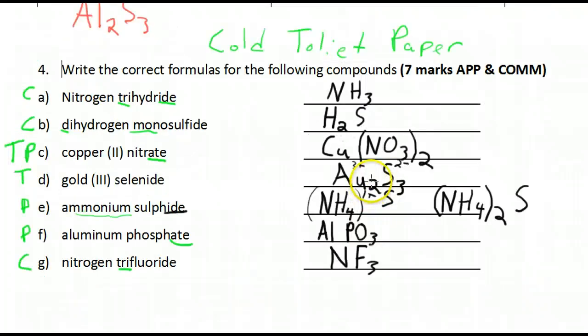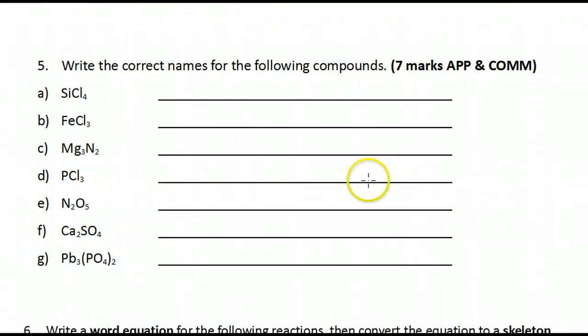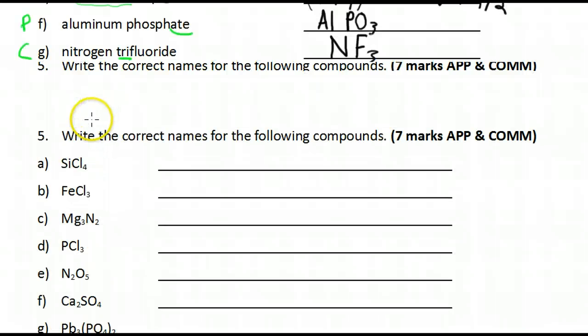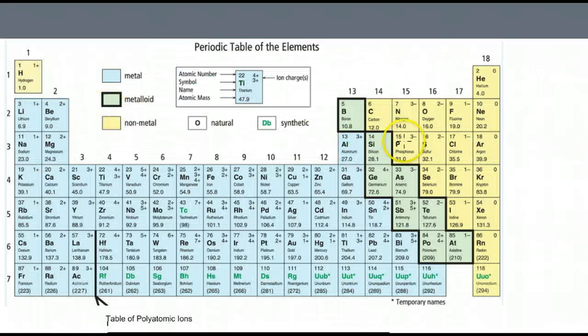So that's coming up with the formulas. Now the next question is coming up with the names. So we want to do the same cold toilet paper method. With naming, it's really important that we figure out what type of compound each of these are. So we have silicon and chlorine. Silicon is over here and chlorine is over here. Oh, that's a tricky one, isn't it?